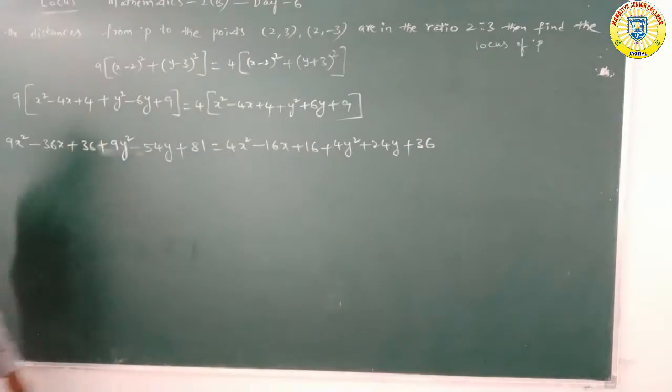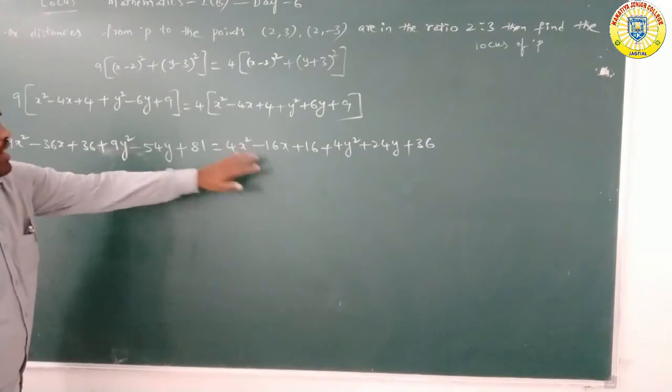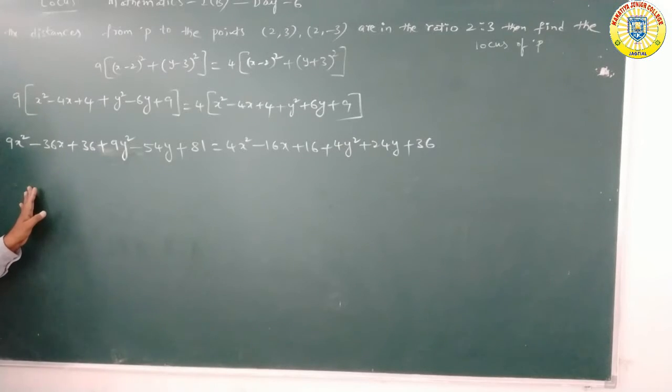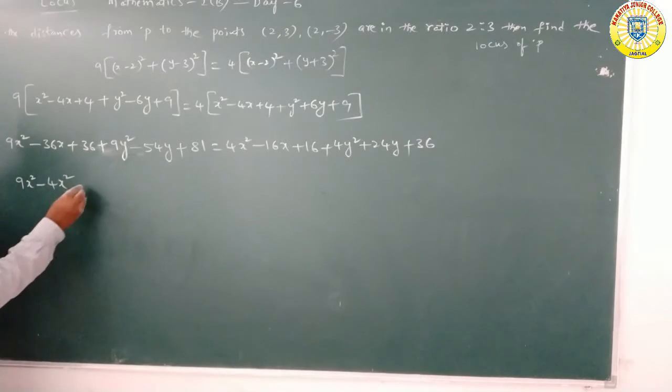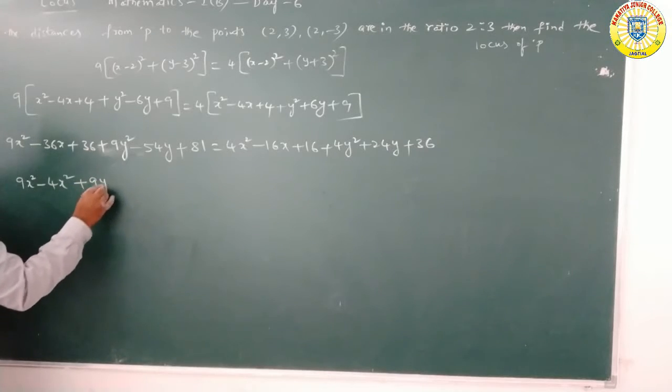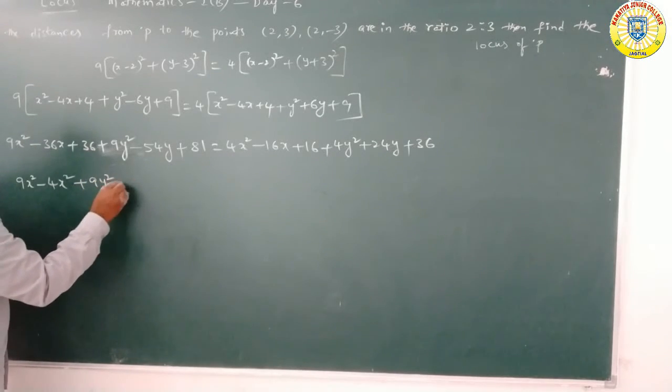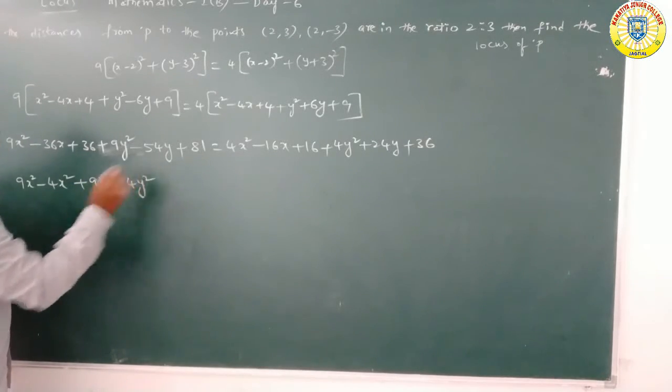Now we are taking this total value to the left side. The 4x square on the right side goes to the left as minus 4x square, so 9x square minus 4x square. The 4y square goes left as minus 4y square, so 9y square minus 4y square.